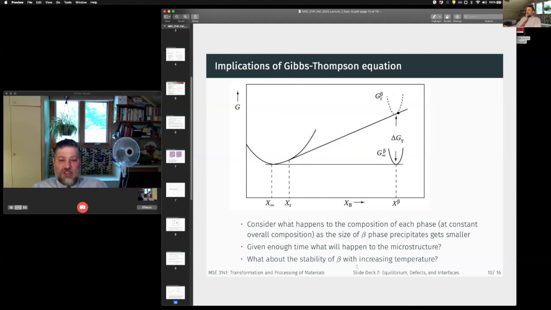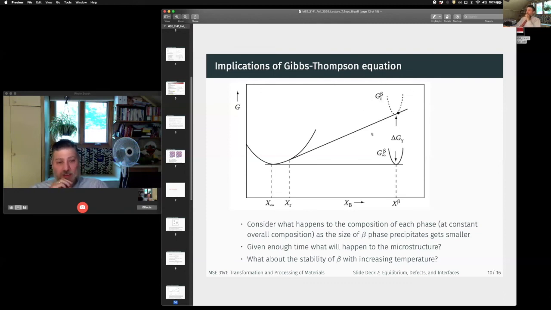What does it also say about the stability of B with increasing temperature? As we increase the temperature, what happens to these curves? Eventually, this curve here can get shifted high enough up that the small precipitates dissolve.